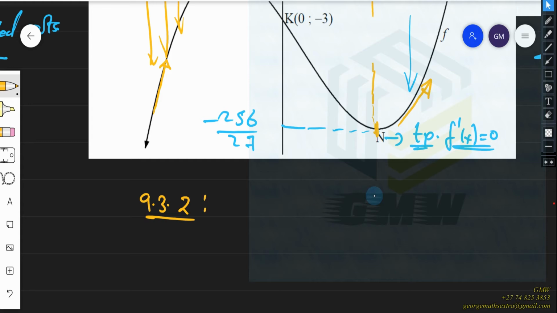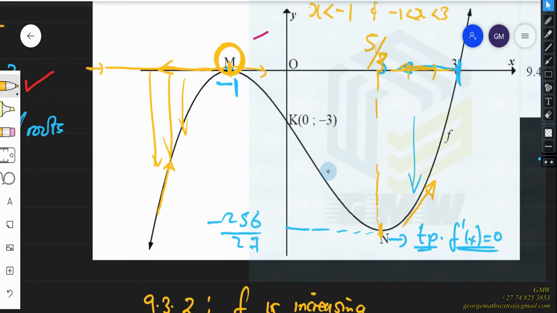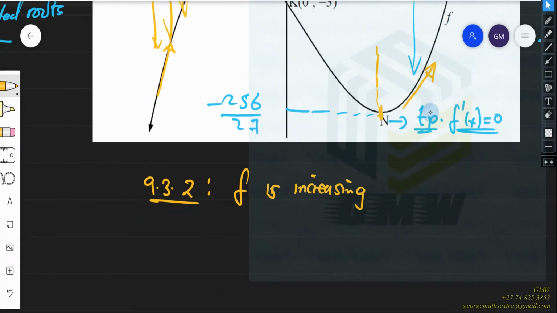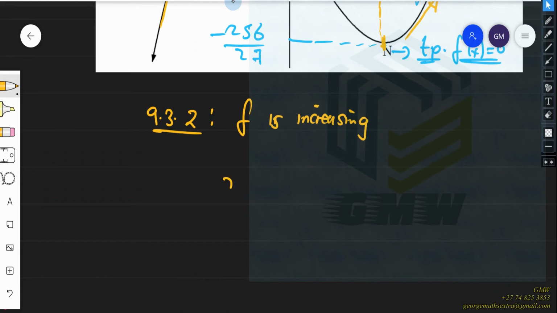9.3.2, we want to say f is increasing, where f is increasing. Now if you look at this graph here, we are saying f is increasing for all the values that are smaller than -1.